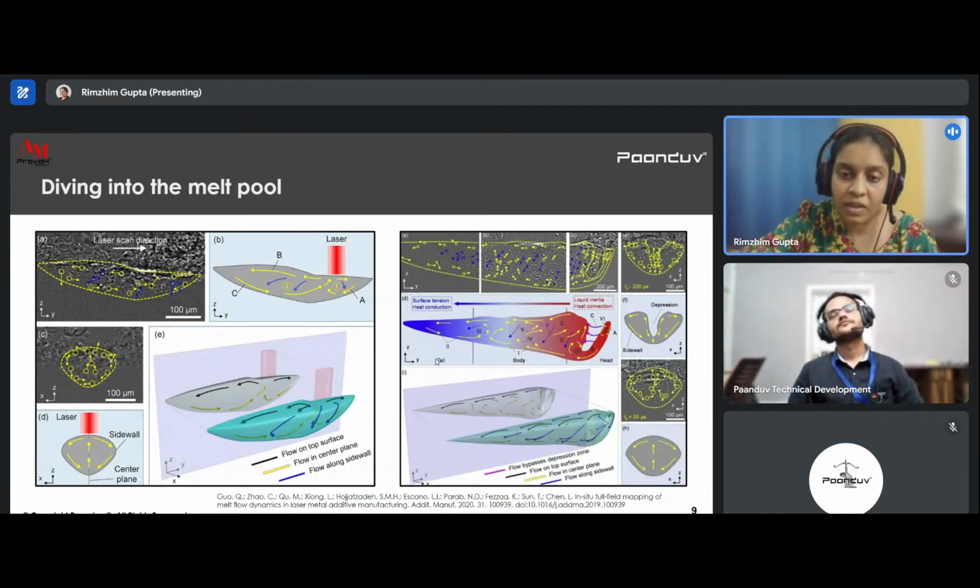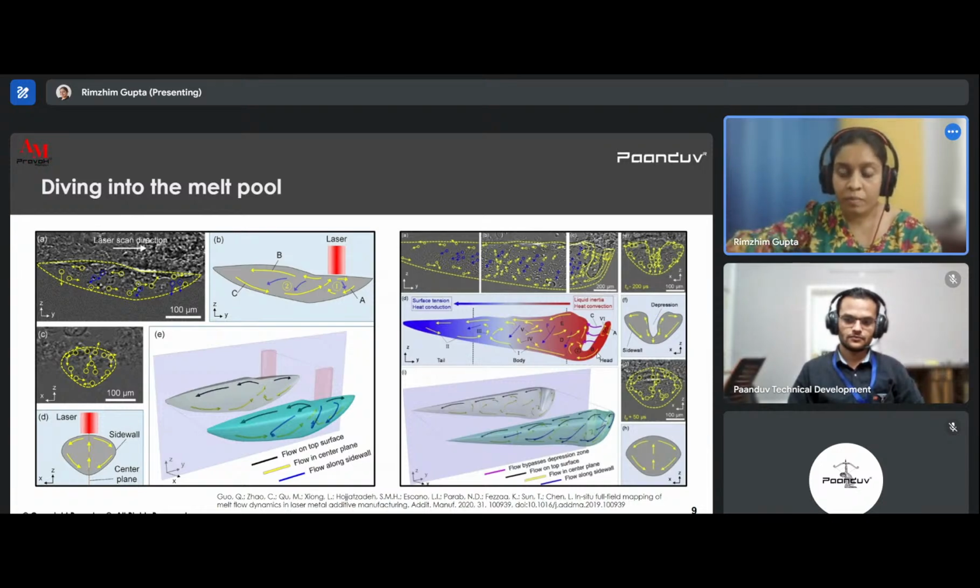The first one is the tail, which is the back of the melt pool. The second part is the body, which is the middle of the melt pool. And the third part is the head, which is the forefront of the melt pool. And you can see, because of the length of the melt pool and the complete temperature gradient, the flow always wants to go to the backside, but due to the longer path length, the flow deviates a little bit, and that's what you can see from this particular image.